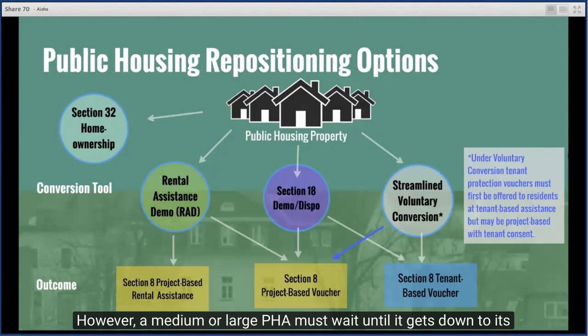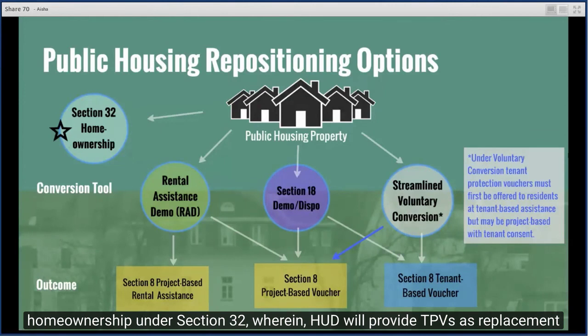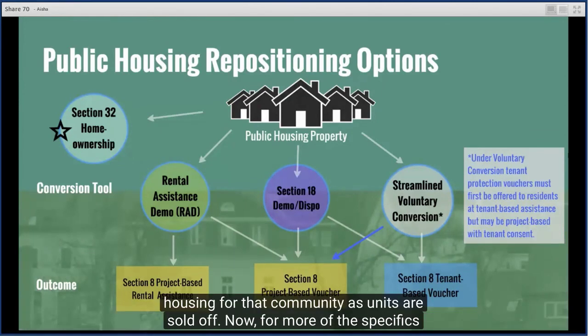However, a medium or large PHA must wait until it gets down to its last 250 public housing units to be eligible for Streamlined Voluntary Conversion. And lastly, a PHA could convert units to low-income homeownership under Section 32, wherein HUD will provide TPVs as replacement housing for that community as units are sold off.